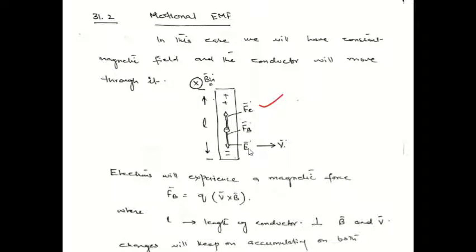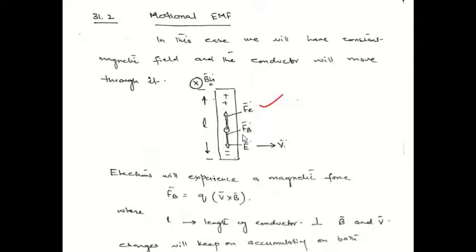Now we will move this conductor with velocity v from left to right, and in doing so the charges in the conductor will experience a magnetic force when they are moving with velocity v.